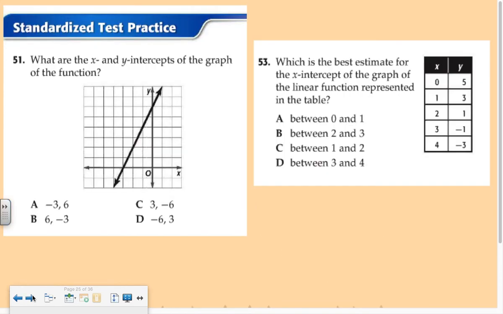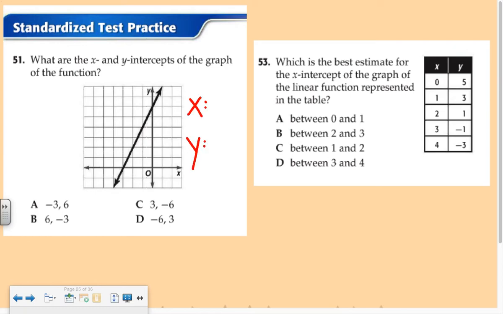All right. So now we have two multiple choice problems that we're going to look at to find the answers for. So this one on the left here, number 51, it says, what are the x and y intercepts of the graph of the function? So let's look at where our line crosses the x-axis and where it crosses the y-axis.